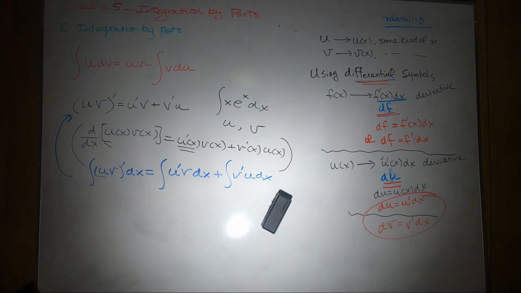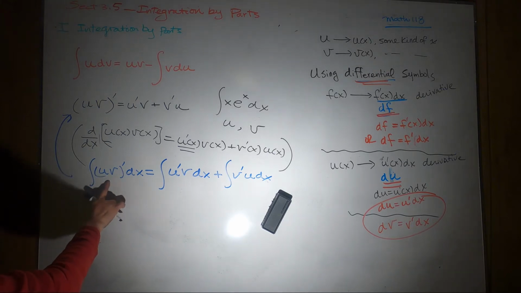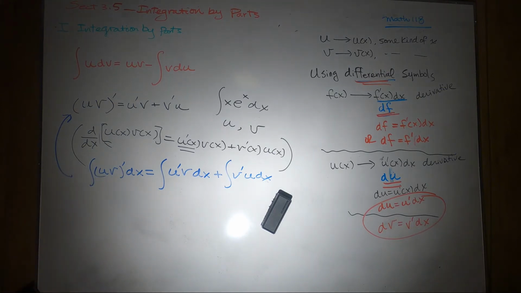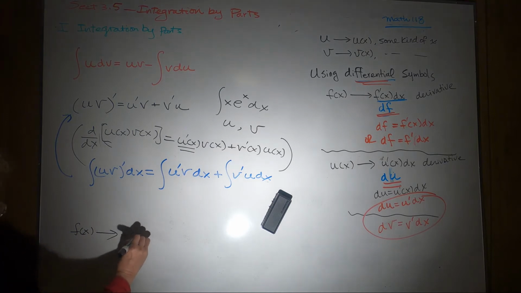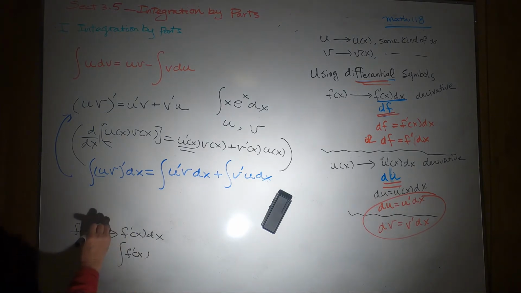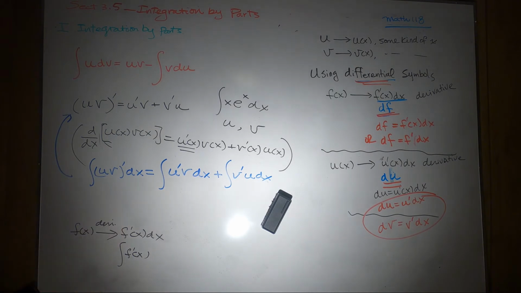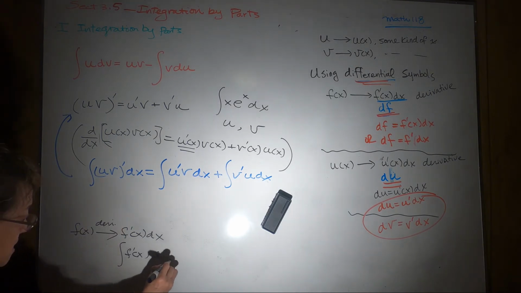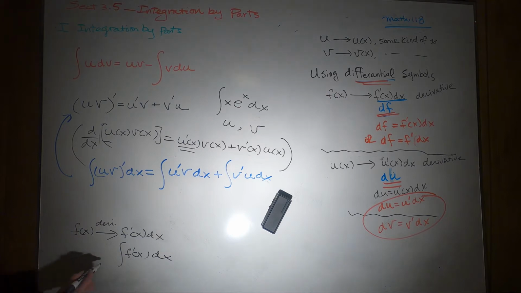Then what's the antiderivative of this? We say the derivative of f of x is f prime of x dx. If you take the antiderivative of a derivative, you go back to the original.